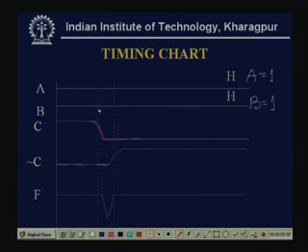So, actually C is fed here and C dash is available, say this is my C dash.